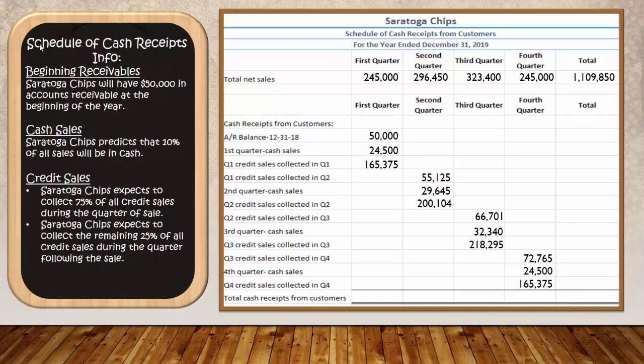Which leads us to our total cash receipts from customers column. To figure this out, all we do is we take all of the respective balances within that quarter's column and we add them together. So in the first quarter, Saratoga Chips is going to collect the $50,000 that they had in beginning receivables, plus the $24,500 that they had in cash sales, plus the $165,375 of credit sales that they collected within that quarter.